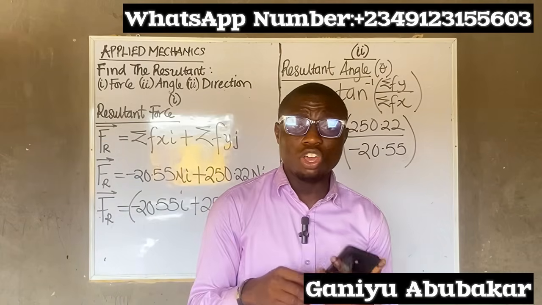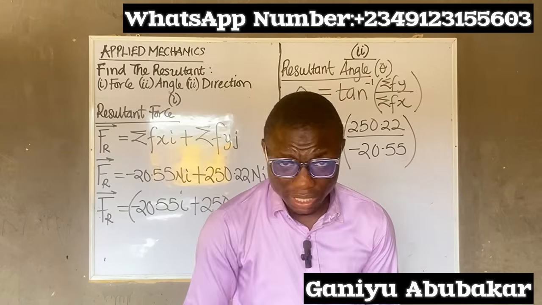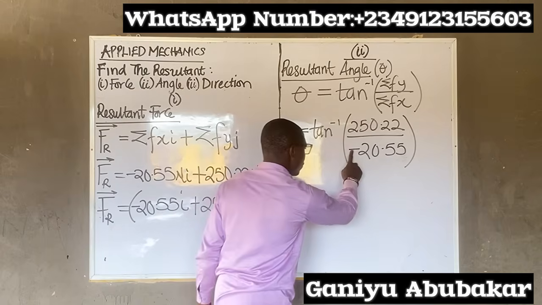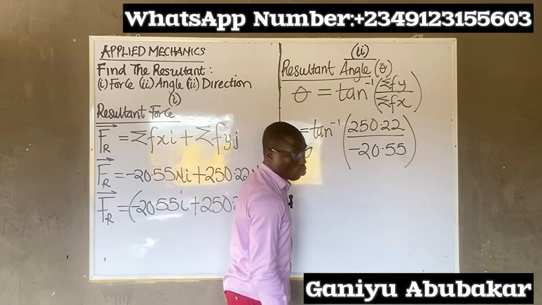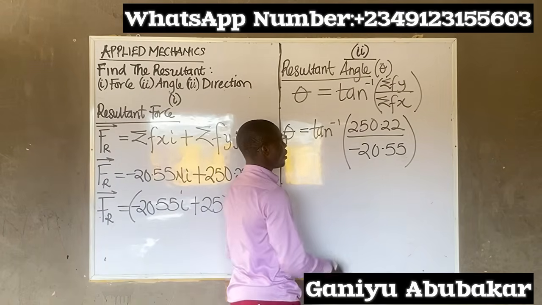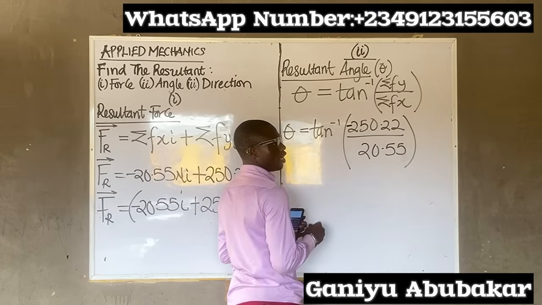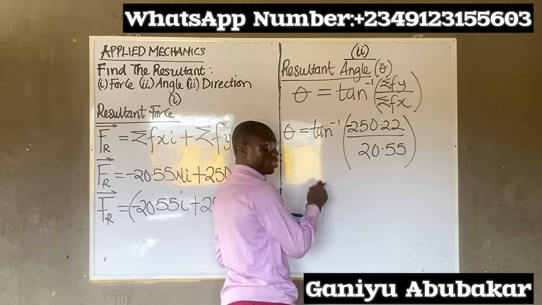At this level in your studying career, you should know some things by now. You should know that negative should not be under the denominator. So in other words, I'll take it up here. It's okay like this.